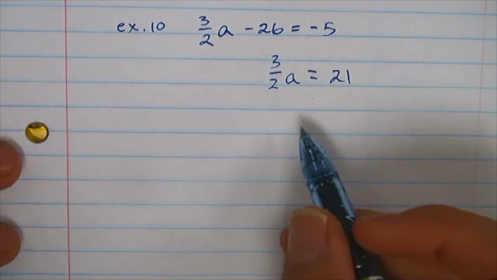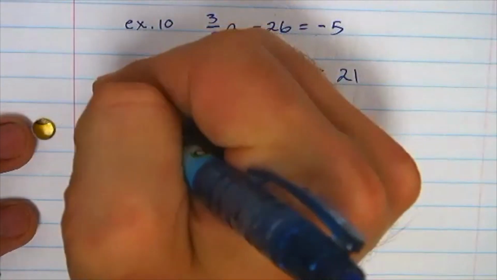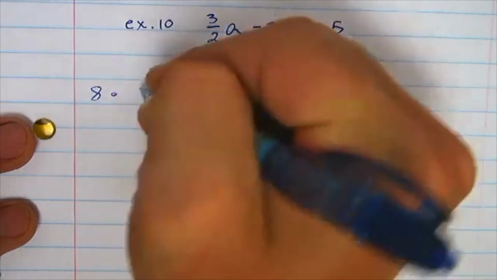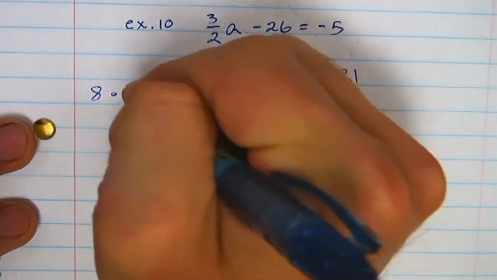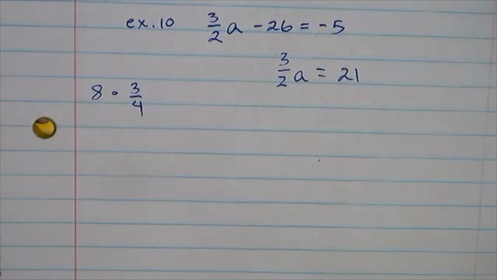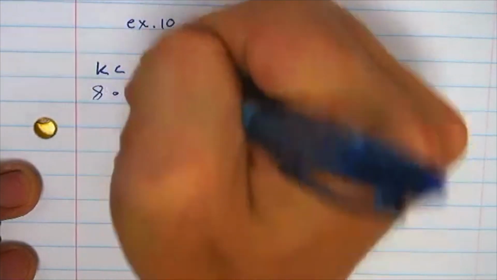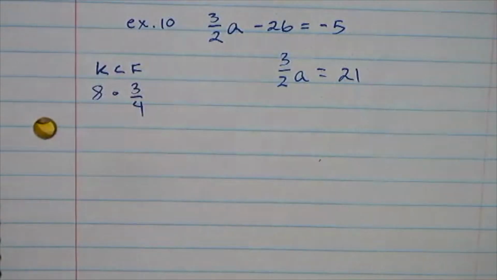And if you remember, any time that you are dividing by a fraction, so say we had 8 divided by 3/4, and this was last year, what was the rule for that? It was keep it, change it, and flip it, right?